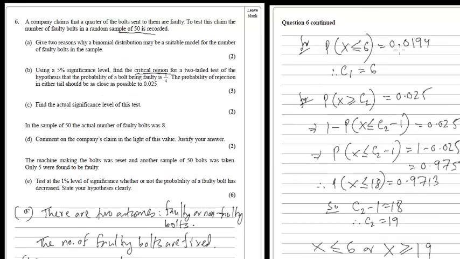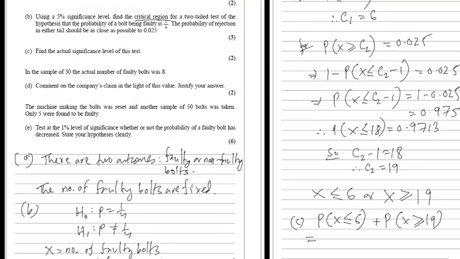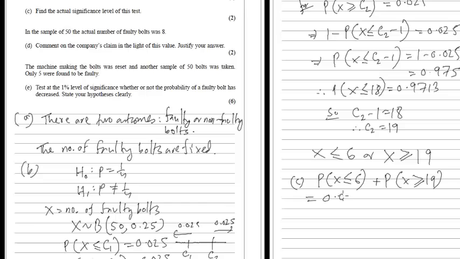We found it out, less than or equal to 6 is 0.0194, plus greater than or equal to 19, which is 1 minus the probability of X less than or equal to 18. So let's put in the values. 0.0194 plus 1 minus 0.9713. Obviously it is going to be closer to 5%. So this is the actual significance level.